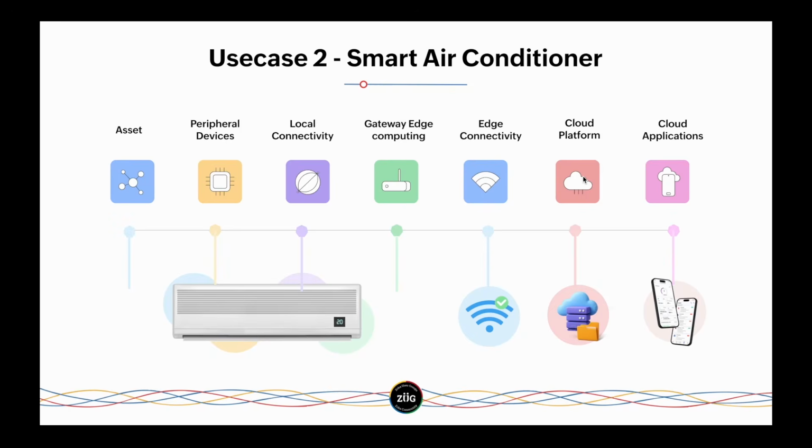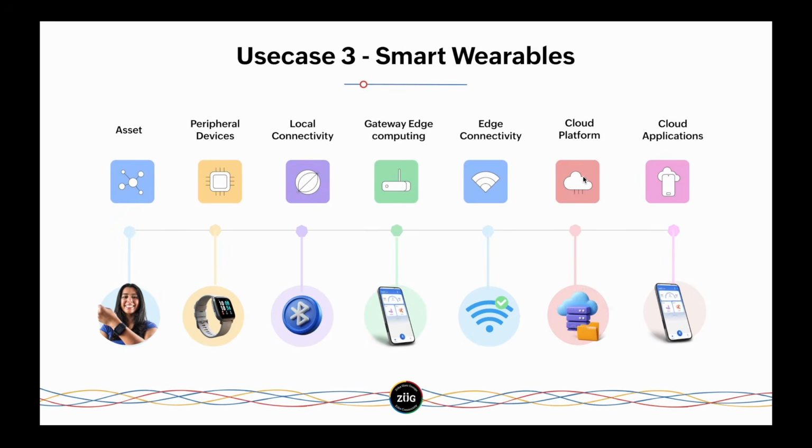So that's one example. The other use case is a consumer use case. Even here the asset need not always be a machine. In this particular use case, the asset is the actual person who is wearing the wearable, right? That person is the asset, and we are interested to know the parameters of that asset through this wearable device.